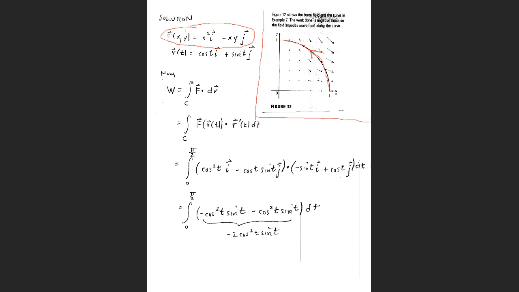The parameterization for that space curve would be cosine of t times i plus sine of t times j, and t would go from 0 to pi over 2.